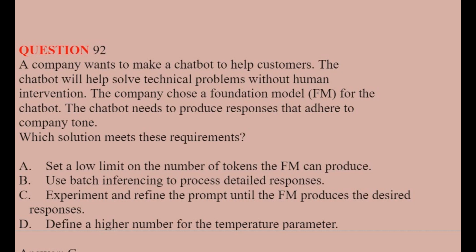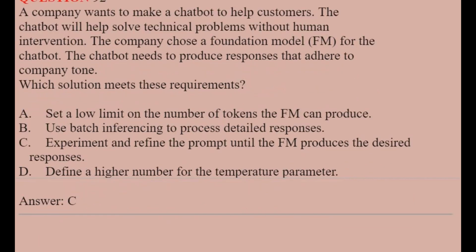Option A, set a low limit on the number of tokens the FM can produce. Option B, use batch inferencing to process detailed responses. Option C, experiment and refine the prompt until the FM produces the desired responses. Option D, define a higher number for the temperature parameter. Correct answer is option C.